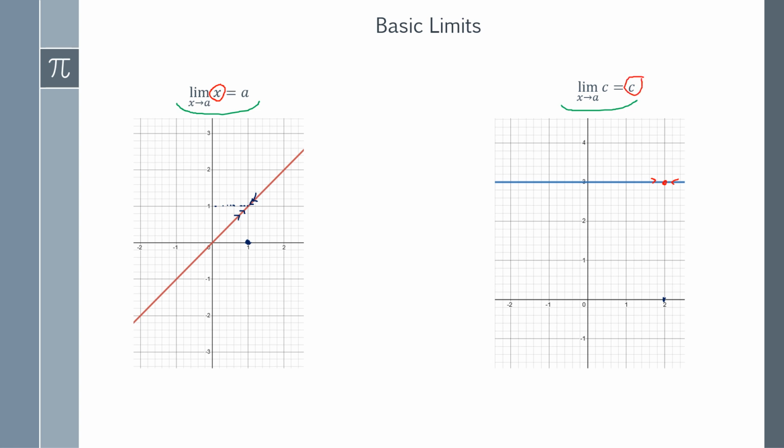Okay, so graphically, that's what these two limits are telling us, and we will use these, even though not explicitly. We will be using these rules in evaluating many other limits in this course.